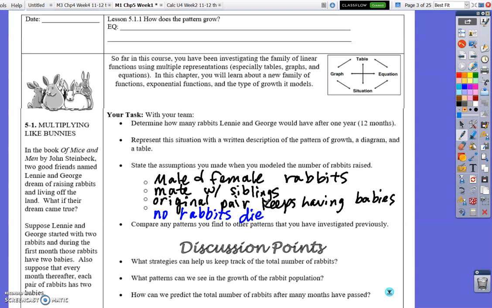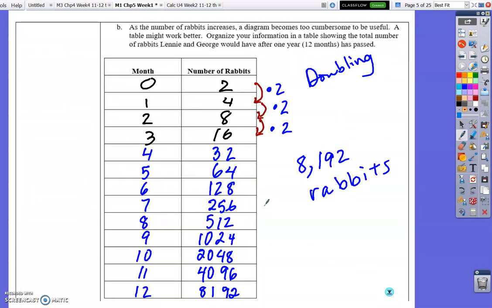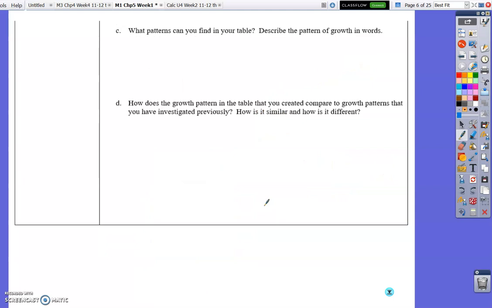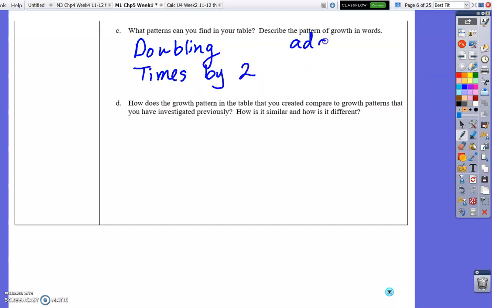We have done that. So we have a pattern of growth. We have a diagram. We have rabbits. Have we done anything about describing our pattern of growth? Doubling is the word I used, or timesing by 2. I always also like to look at add the number I have.